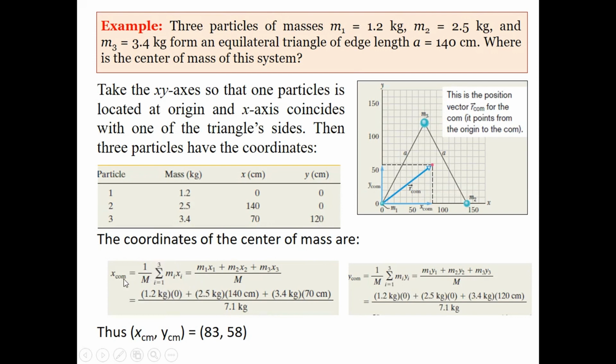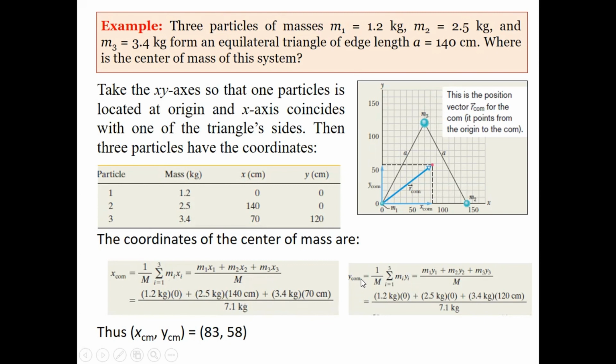The x for the center of mass is equal to 1 divided by the total mass, sum over all particles, m_i x_i, which is m1x1 plus m2x2 plus m3x3, divided by the total mass. Once we substitute the values, we find that the result is 83 for the center of mass.